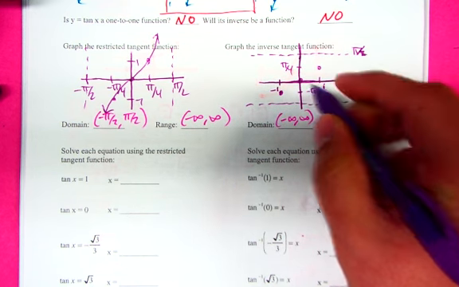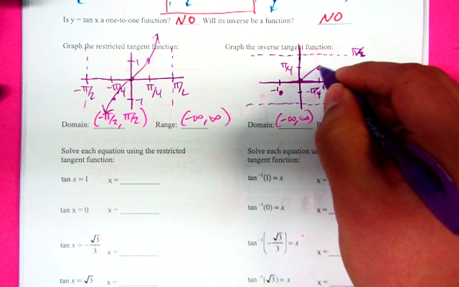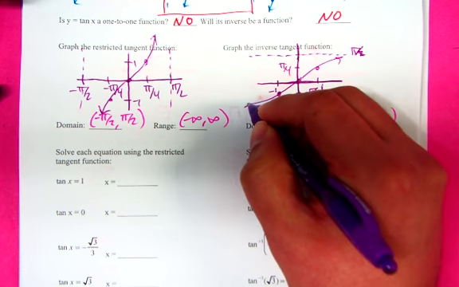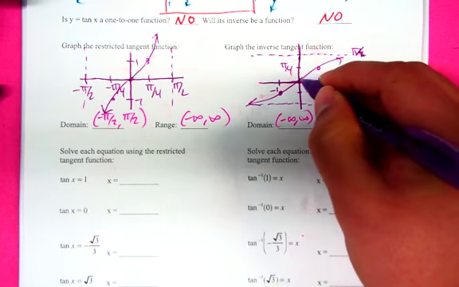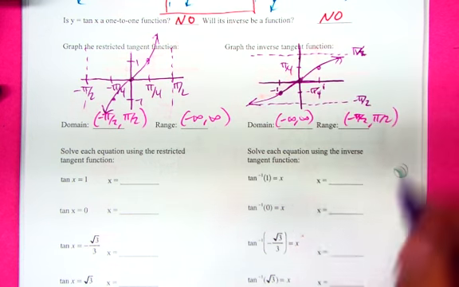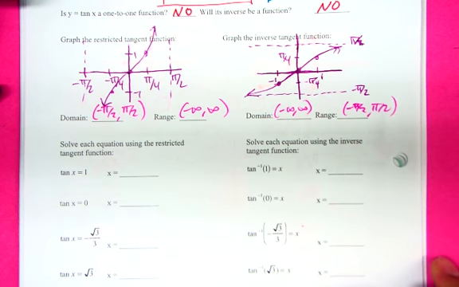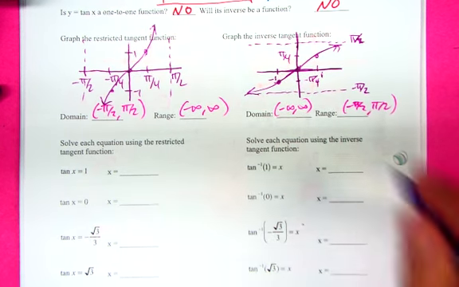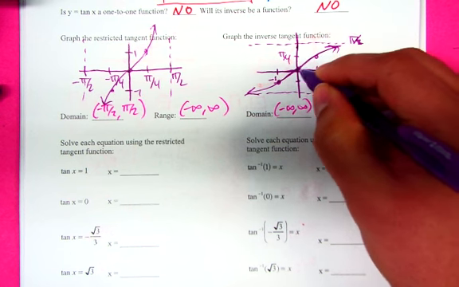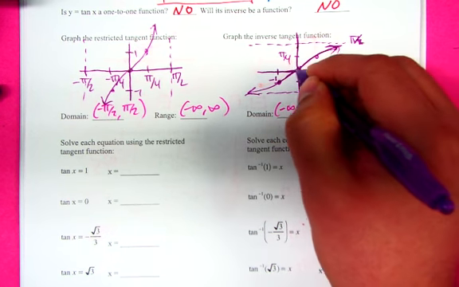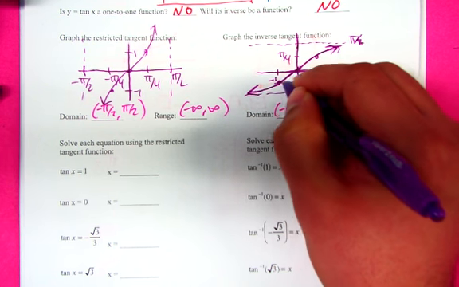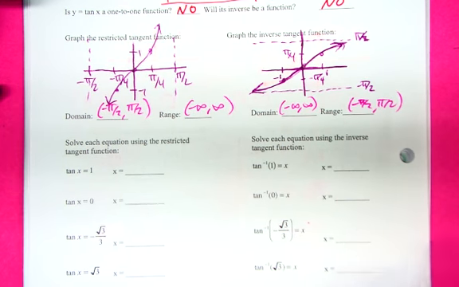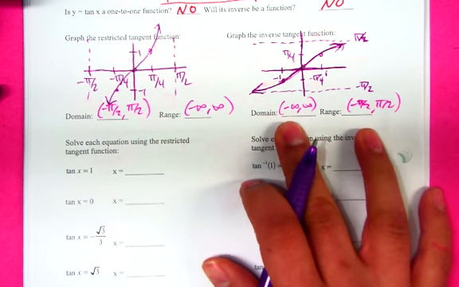And I think in this case it's pretty clear the curve of the graph needs to look something like that. Okay, so there's the restricted tangent, there's the inverse tangent.